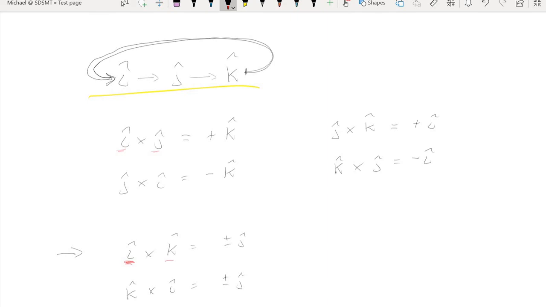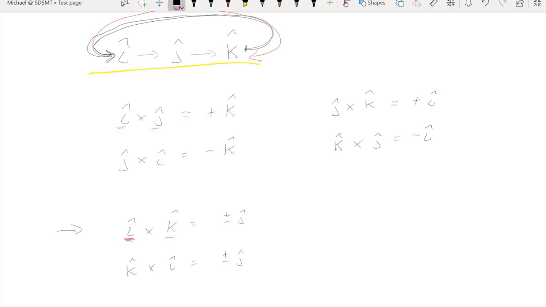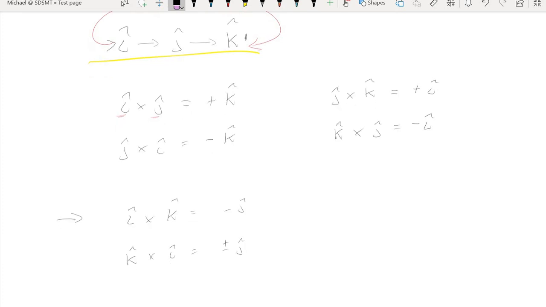Well, that would be to go backwards against the alphabet. You know, it's kind of a weird explanation, but it actually makes sense once we apply it to this situation, because we now know that by going against the alphabet, we get a negative outcome. And so I cross K is going to equal negative J.